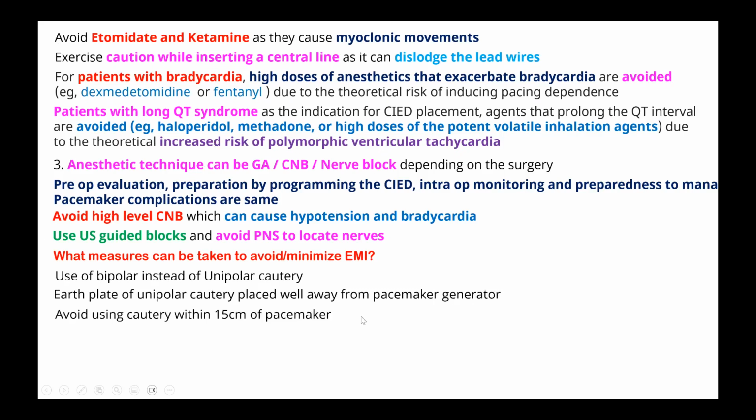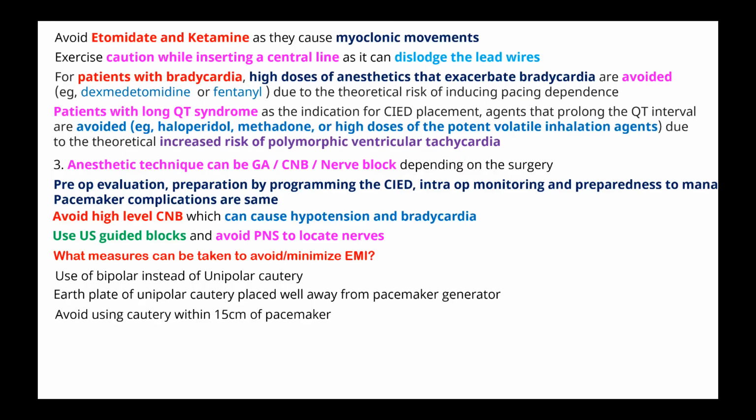And avoid using the cautery within 15 centimeters from the pacemaker generator. Okay, that is 6 inches. So if it is an abdominal surgery, below the costal level, it will be more than 6 inches. If it is in the left pectoral region, it's a common region where the pulse generator will be implanted.